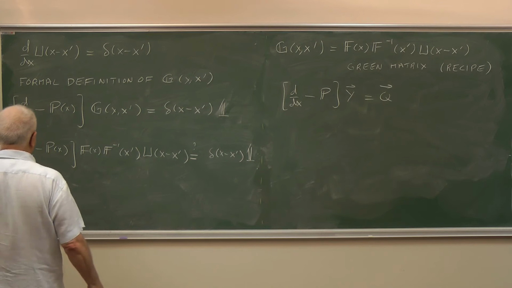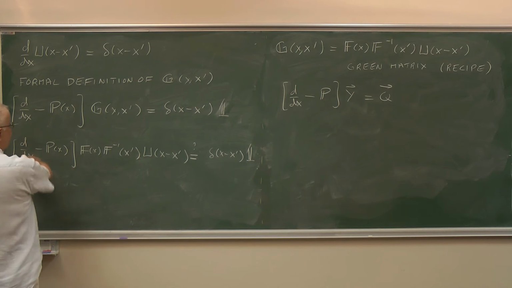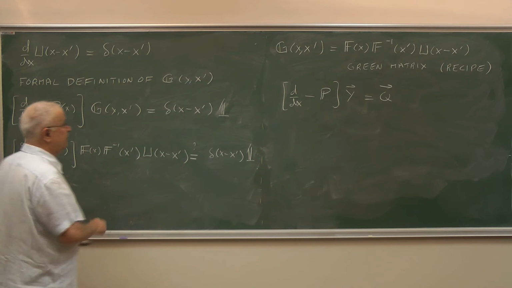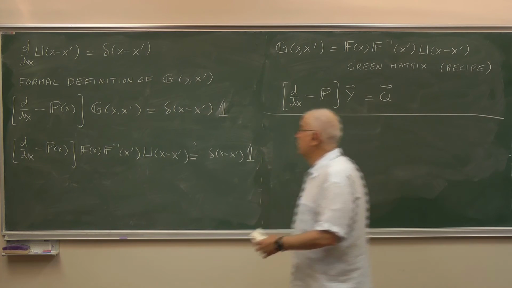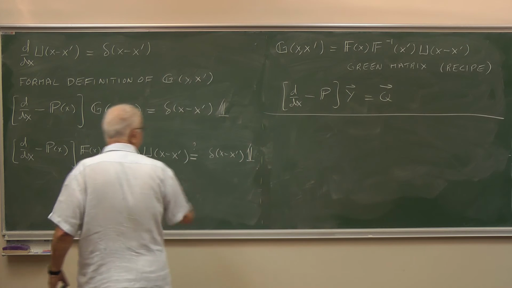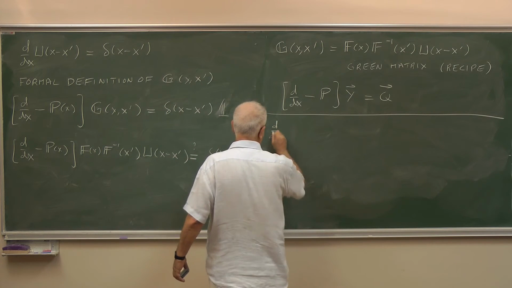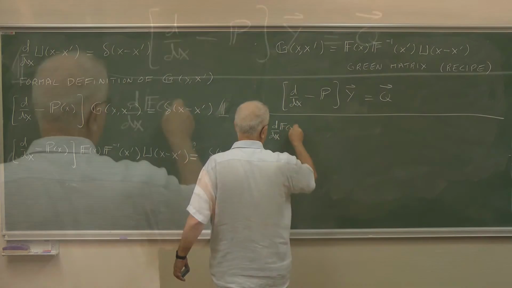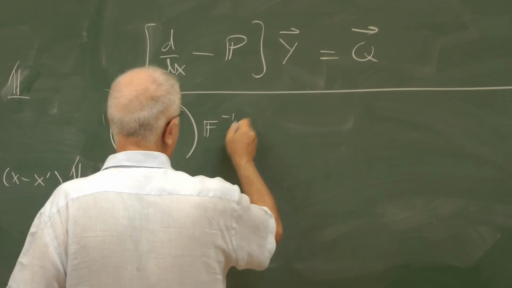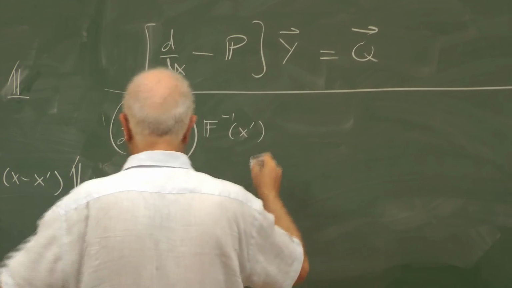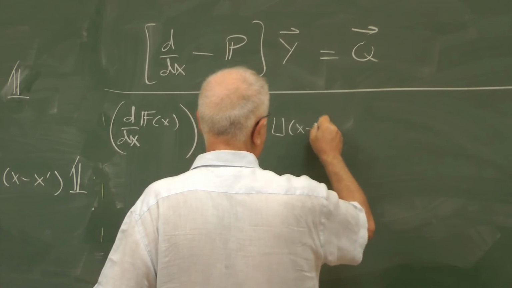Well, first d dx of these. So derivative of F times F inverse of x prime and u of x minus x prime.